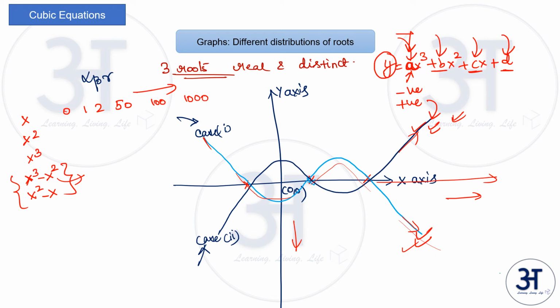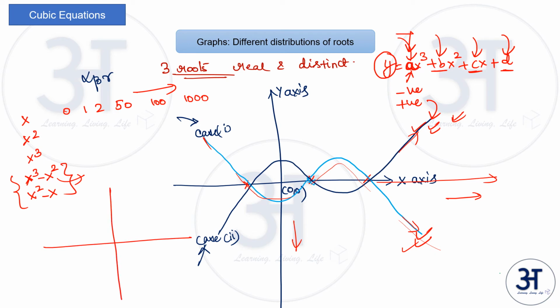This makes it very easy for you to draw graphs. So take some time to understand this, take some examples of graphs and try to understand this very clearly. This is the case where 3 roots are real and distinct. If 3 roots are real and equal, then the graph touches the axis only at one point.